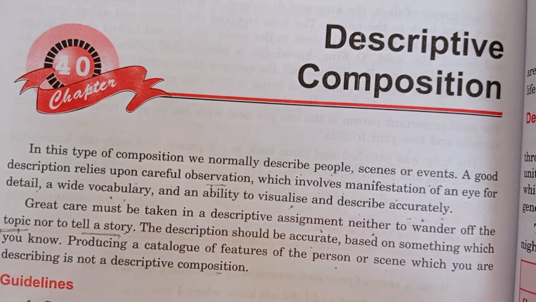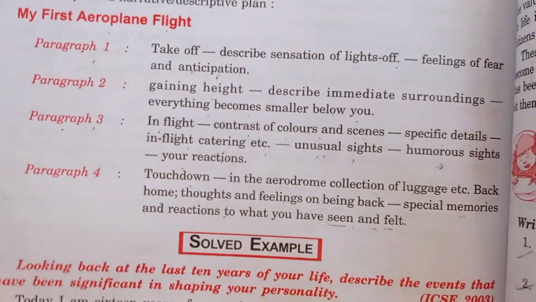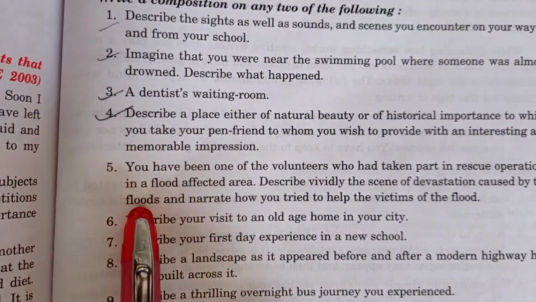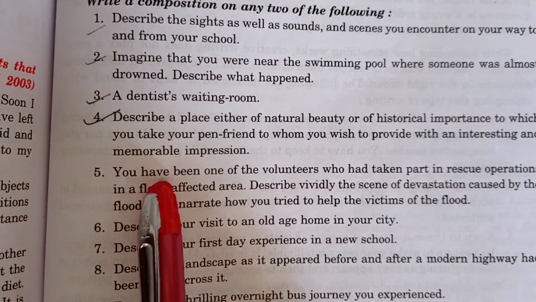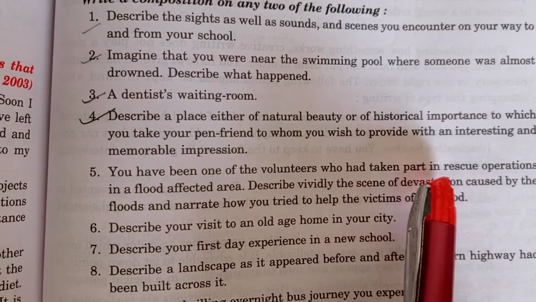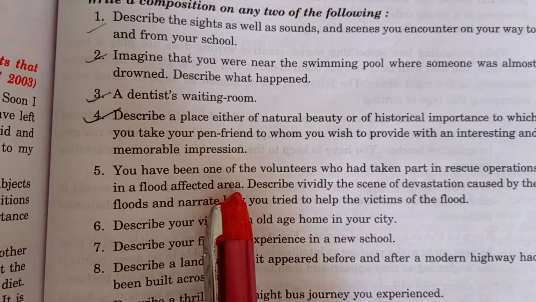Dear students, we are reading chapter number 40, Descriptive Composition. So today we are going to start with the fifth topic of descriptive composition, which is: you have been one of the volunteers who had taken part in rescue operations in a flood-affected area.